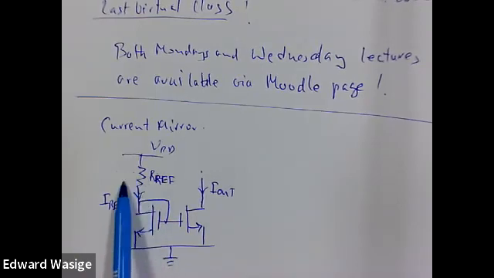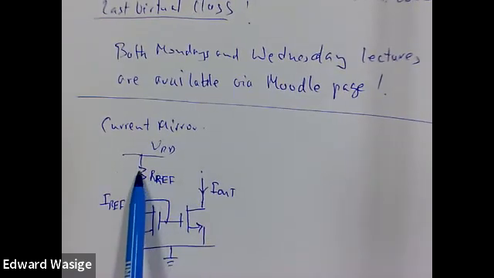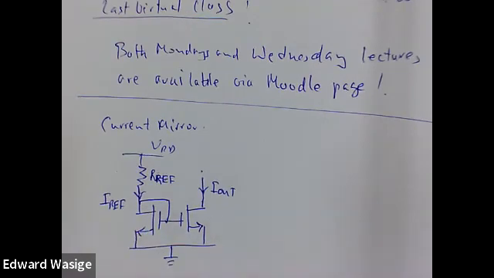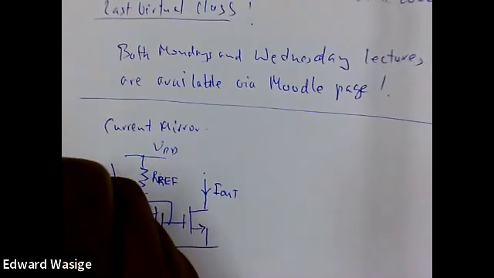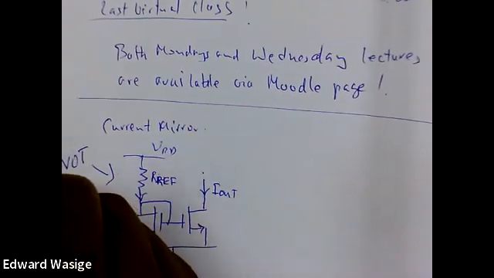This is not a current source. The current through here is a reference current. We can set it by choosing the value of the resistance RF. That's the simplest way of doing it, though there are more accurate ways of setting the reference current. But this is a reference current, not a current source.